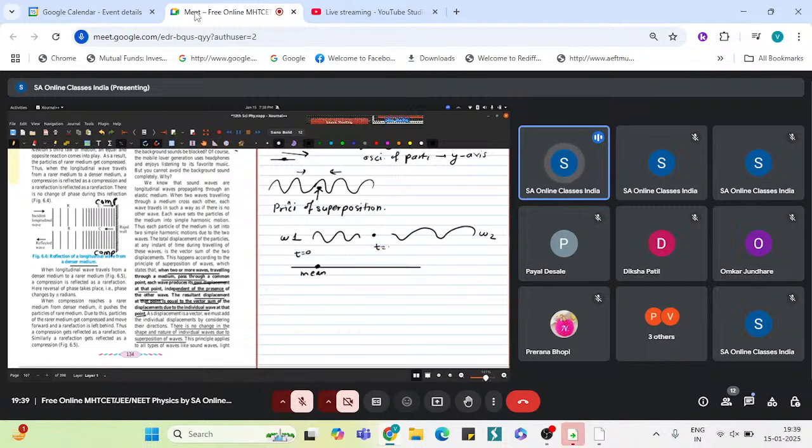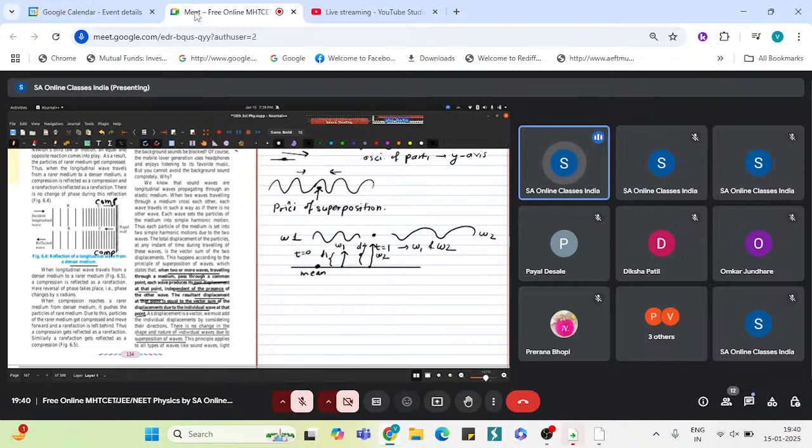Now at t equal to 1, the particle gets acted upon by both wave 1 and wave 2. We can see the individual effect of wave 1 and wave 2. Wave 1 takes this particle from its mean position to this displacement d1. This is the effect of wave 1. And if wave 2 had hit the particle independently, it would have displaced the particle by some different amount, d2, and this is the effect of wave 2.